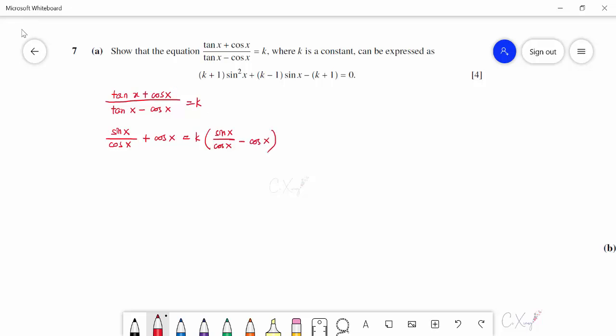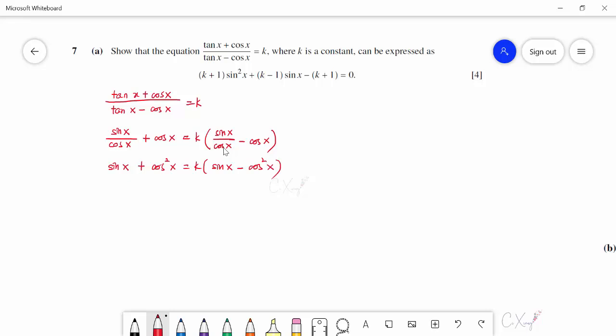Again, I don't want to have any denominator in my solution here. For all the cos x, I want to make it disappear. To make it disappear, I need to multiply this whole equation by cos x. And therefore, this is what we have: cos squared x, sine x, cos squared x.